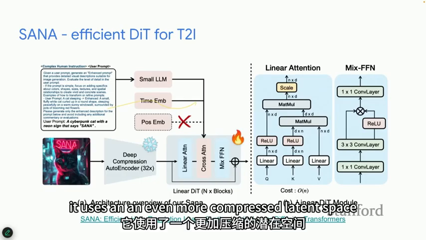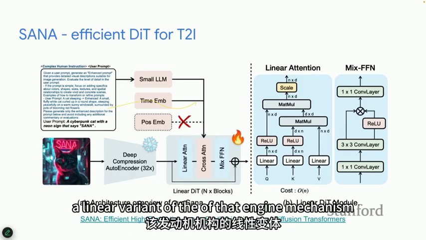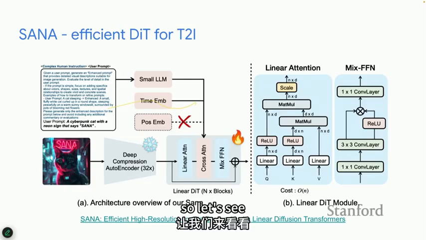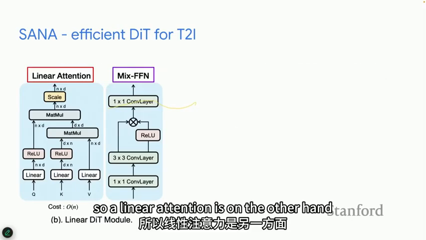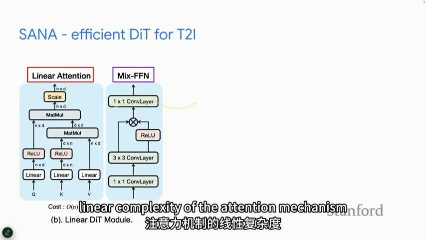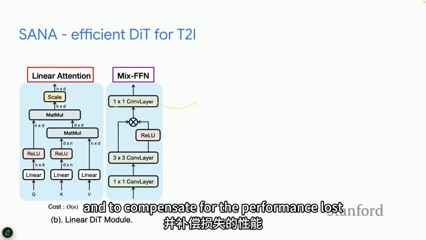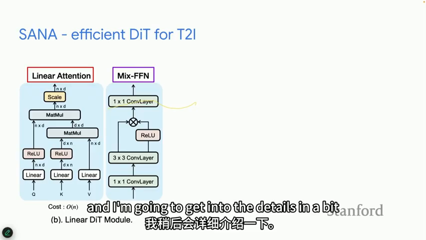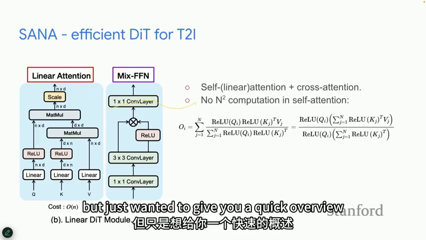It uses an even more compressed latent space, and it also uses a linear variant of the attention mechanism. Of course you might expect some performance loss with the linear complexity of the attention mechanism, and to compensate for the performance lost, we use Mix-FFN. I'm going to get into the details in a bit, but just wanted to give you a quick overview.